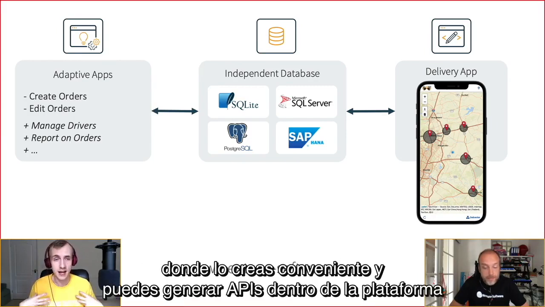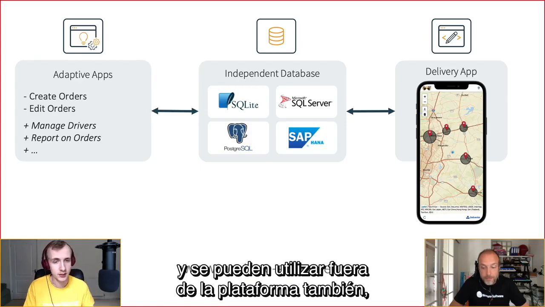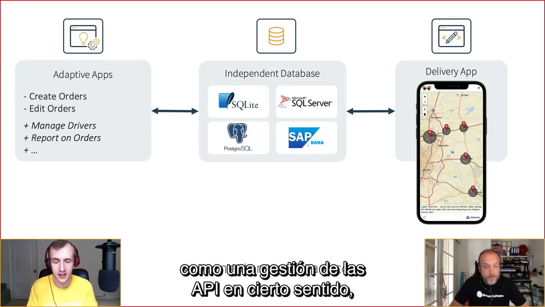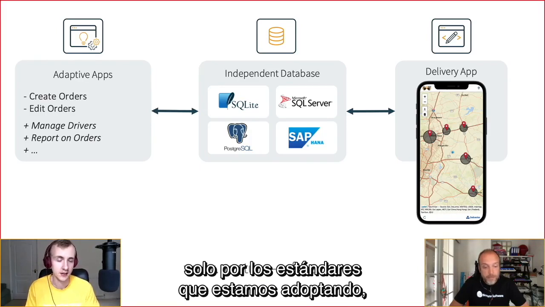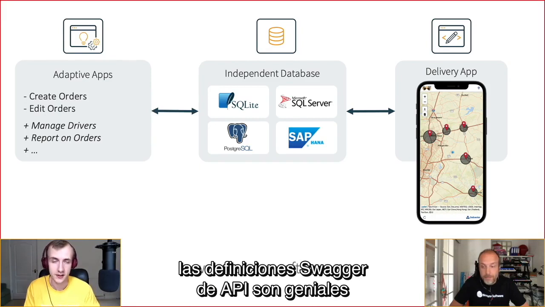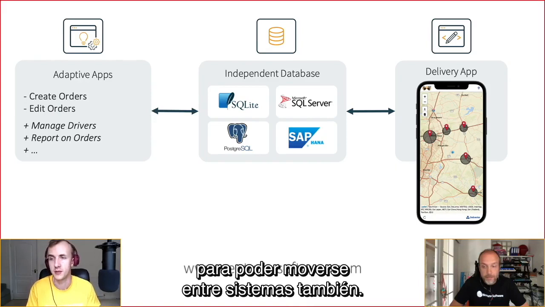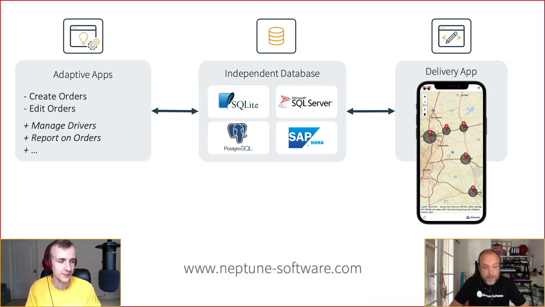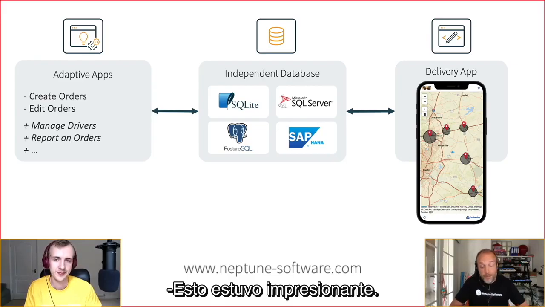So you can generate APIs within the platform, and they can be utilized outside of the platform as well, as a API management almost in that sense, just because of the standards which we're adopting. Swagger API definitions are great for being able to move them around between systems as well. Yeah, this was very impressive.